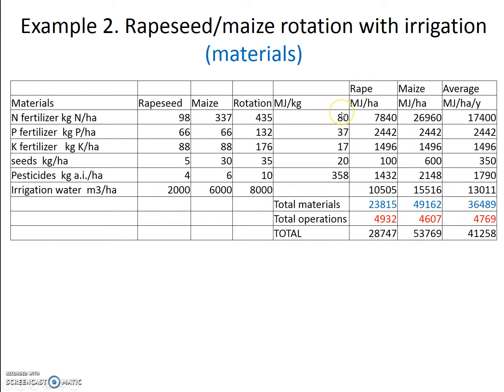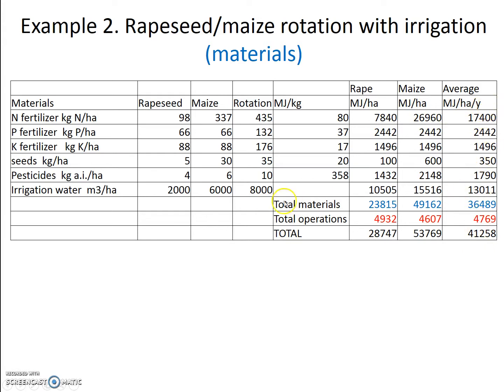Here we write the energy coefficients, in other words, the megajoules required per kilogram of these materials, and using the equation that we saw previously, we calculate the energy required for irrigation water. And the total amounts for each crop are obtained by multiplying the amounts of materials by the energy coefficients for rape and for maize, and we calculate the average.